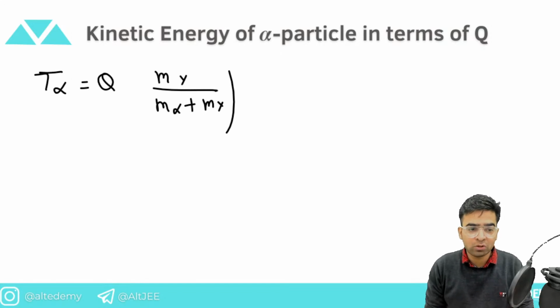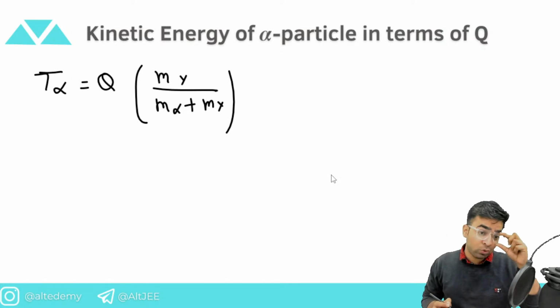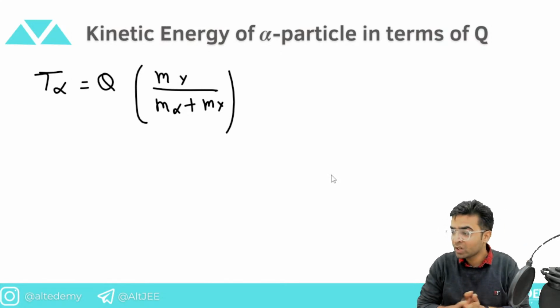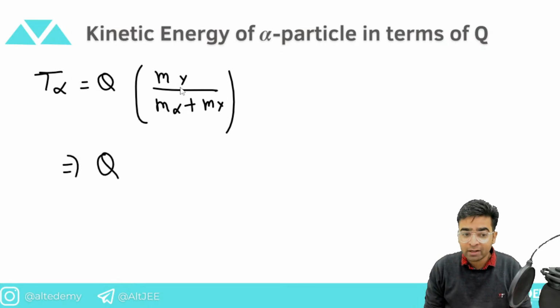Make sure you are following me, how the things are going on. Now we know that m_alpha we can write as atomic mass in AMU. We can convert this into atomic mass unit, as we did in yesterday's class.